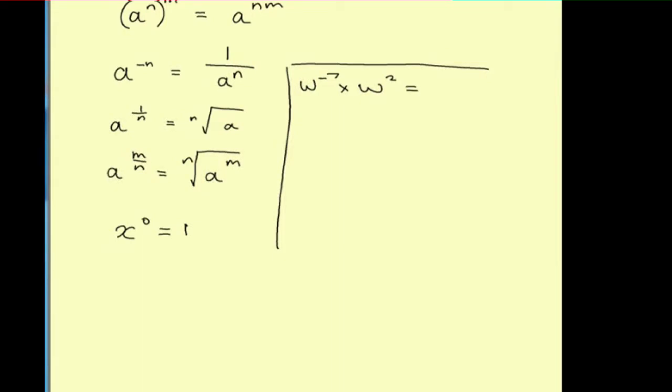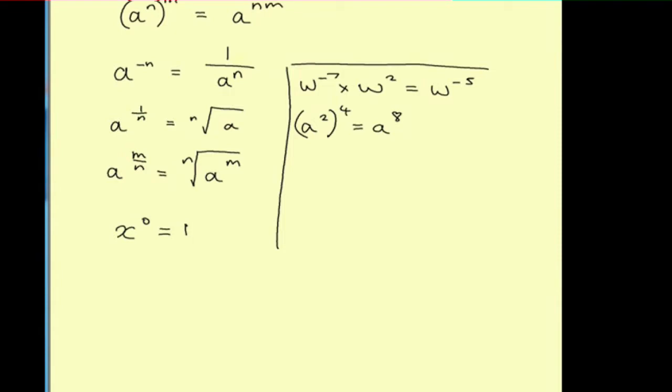Well, here you simply add up the powers, so minus 7 plus 2 is minus 5, so it's w to the power minus 5. A squared to the power of 4, well, here you multiply the 2 powers together, so you get a to the power of 8.